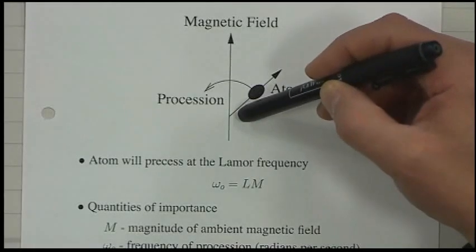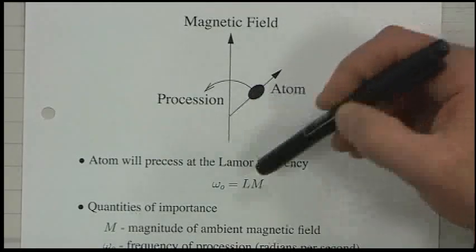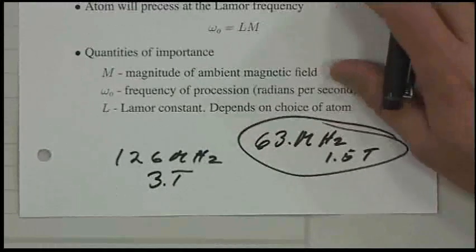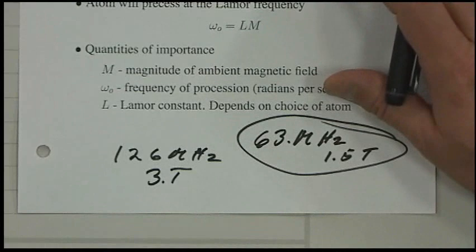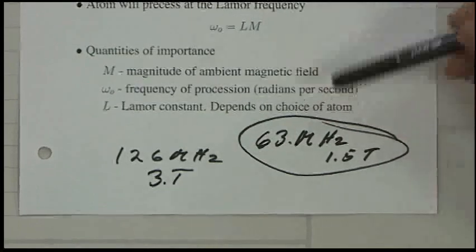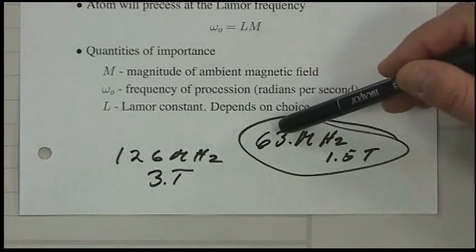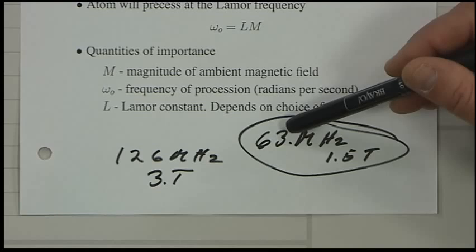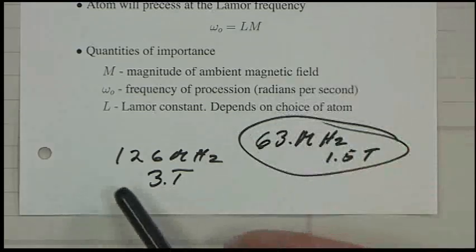And the protons are in this magnetic field, and there's a constant. I think the constant, somebody looked it up on Google, so I assume this is approximately correct, is that at 1.5 T, it's 63 megahertz. So at 3 Tesla, it's 126.